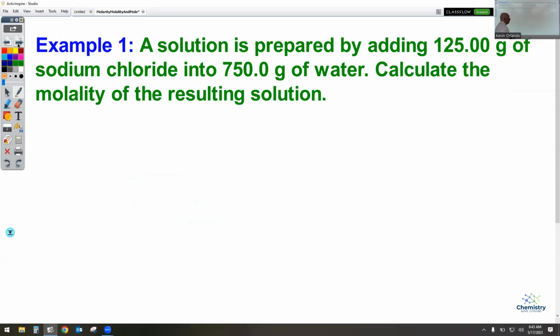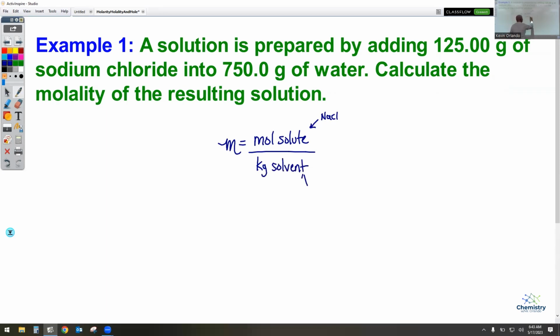In this case, a solution is prepared by adding 125 grams of sodium chloride into 750 grams of water. So first, I want to remind everyone that our formula for molality is moles of solute, which in this case is going to be our sodium chloride, divided by kilograms of solvent.